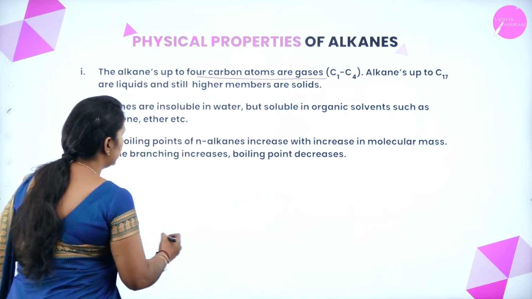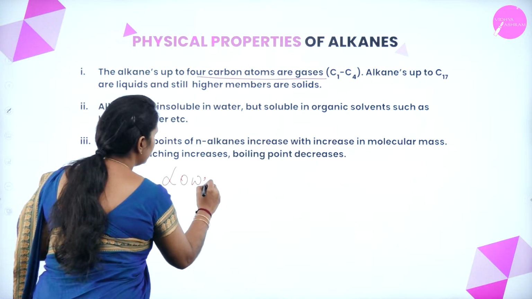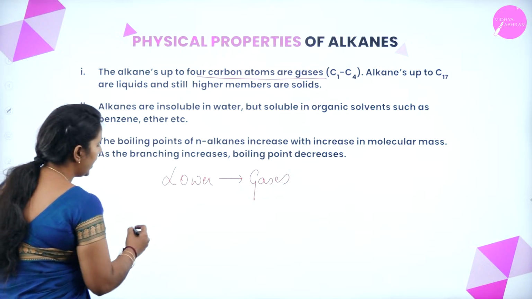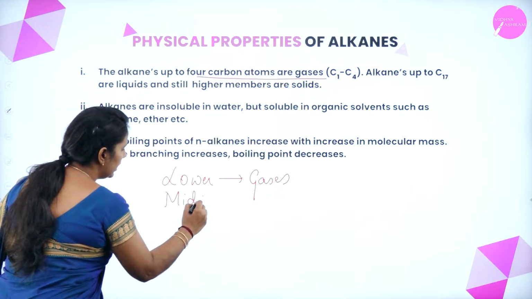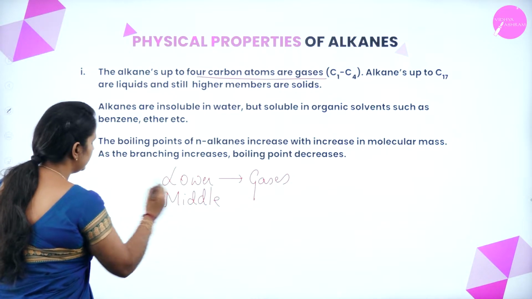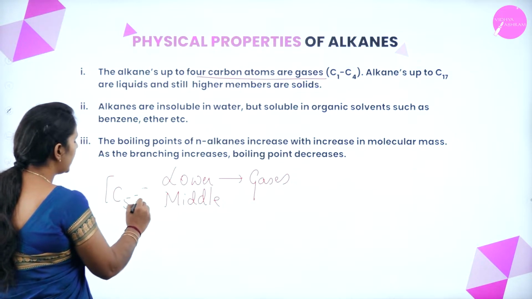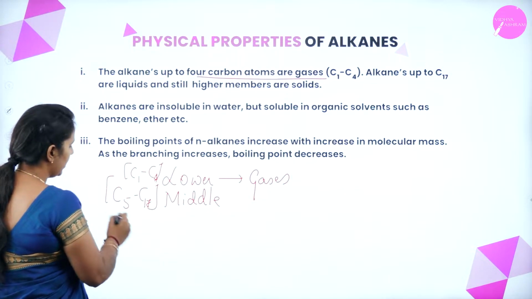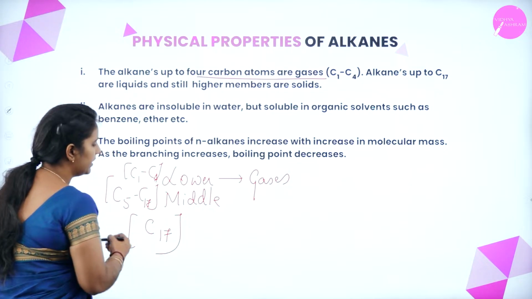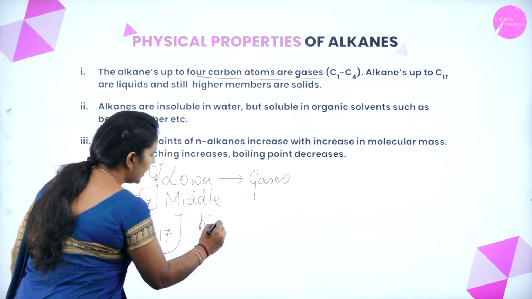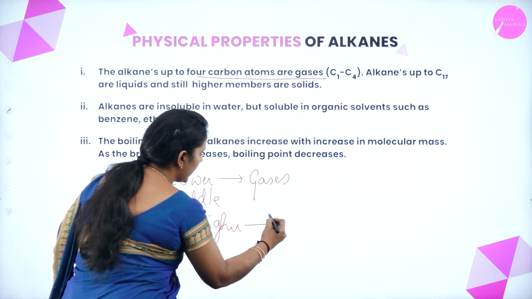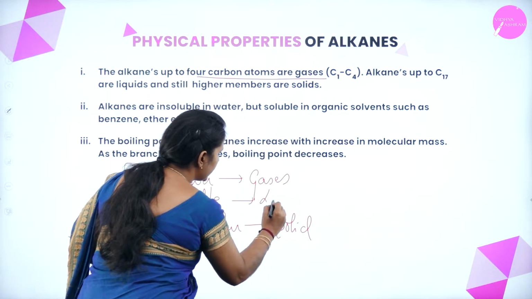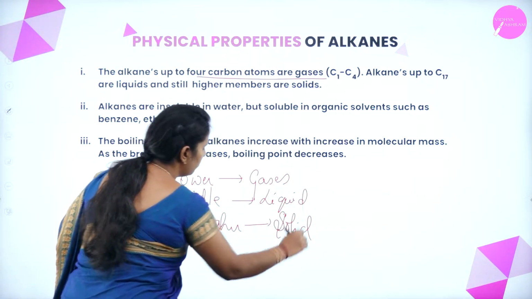So, what are those? The lower members exist in a gaseous state, whereas the middle ones, how do you say it is the middle? That is from carbon 5 to carbon 17. The gases are from carbon 1 to carbon 4. After carbon 17, the molecules are known as higher members and they become solid, whereas the middle ones act like a liquid at room temperature.